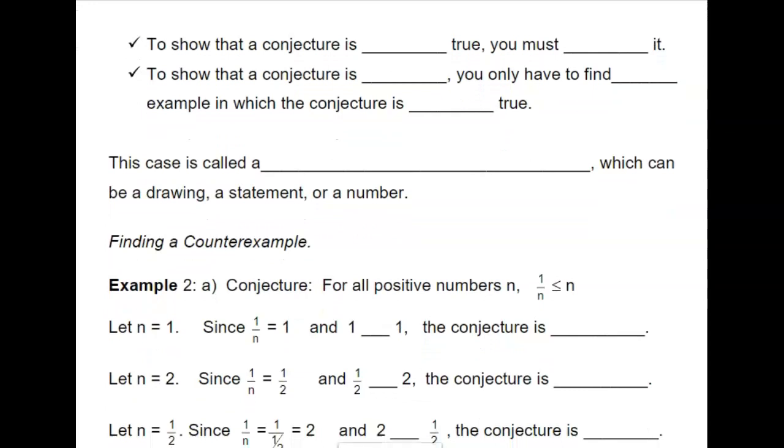Now, a conjecture is something that we believe to be true based on a pattern. To show that a conjecture is actually true, you must prove it, which is something that we do a lot in geometry. Slightly easier most of the time is to show that a conjecture is false.